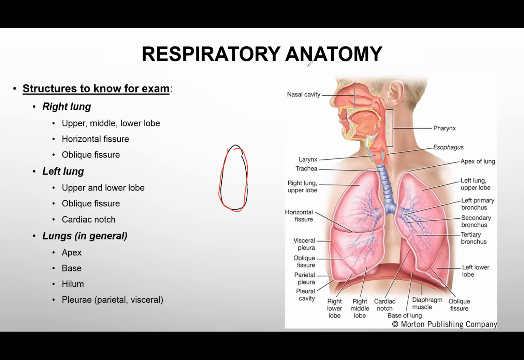And then we will have a space filled with fluid. And then we will have the parietal pleura. So it would go lung, the visceral pleura, the pleural space or the pleural cavity, which is in the blue, and then the outermost layer being the parietal pleura.